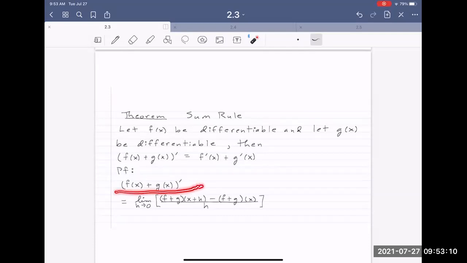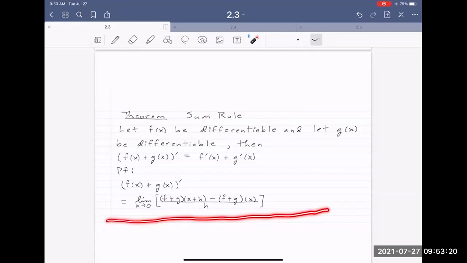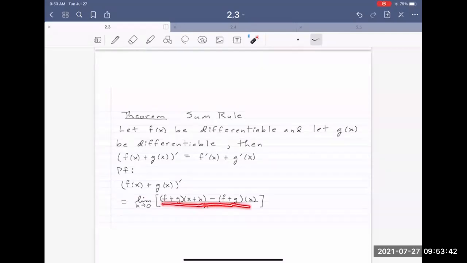So (f + g)'(x) is a limit as h approaches 0 of (f + g)(x + h) minus (f + g)(x), all divided by h.